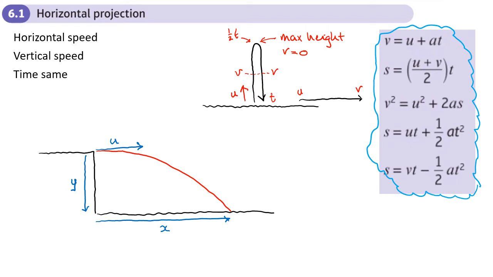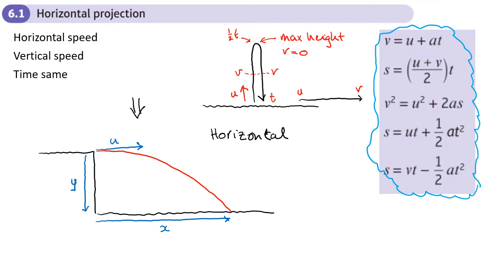So let's look at what's going on in the horizontal. If you were looking from above, and you saw this stone or whatever being thrown across, and you couldn't see it going up or down, you just saw it going across, you would notice that the speed of it doesn't change.